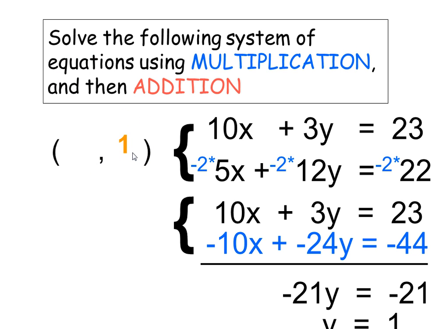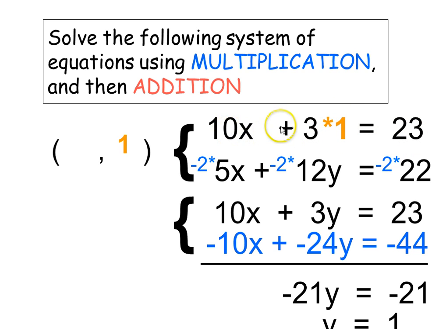And now that we know that y is 1, we can take that 1, plug it into either equation we want to. Doesn't matter which one you pick. I'm going to pick the top one. I'm going to make this y a 1 because y is equal to 1, as we just found. So now we have 10 times what plus 3 times 1 equals 23. Well, this right here is 3.